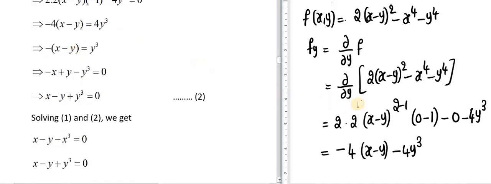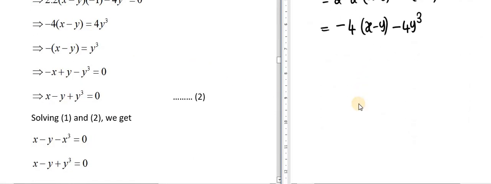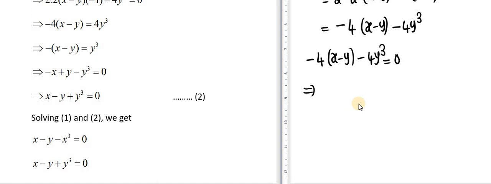Now, equate this Fy to 0. Minus 4 x minus y minus 4 y cube equal to 0. Take minus 4 common. Then x minus y plus y cube equal to 0.